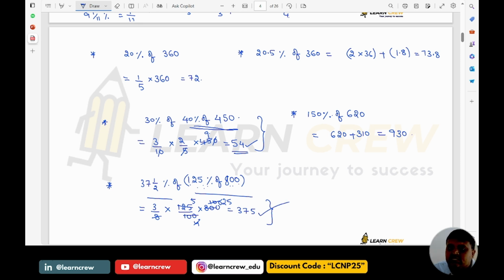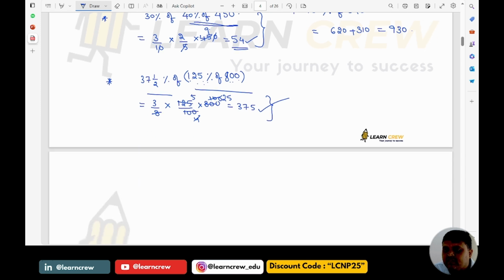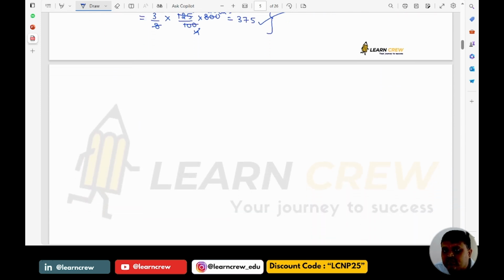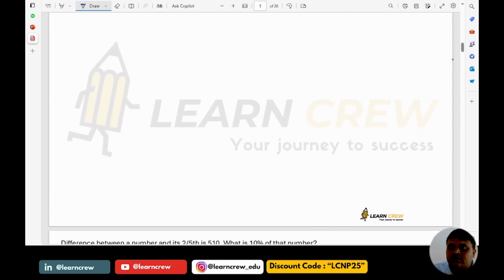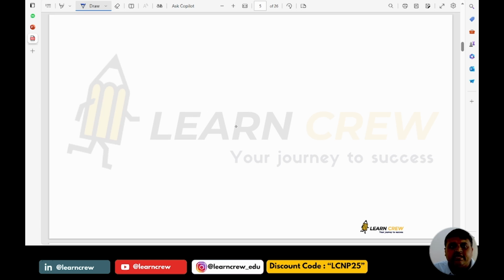So like this you have to use this table very well. Its applications are in most of the arithmetic areas. So see, for example, a question is given like this, right?